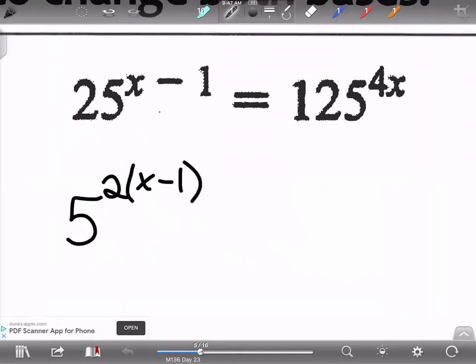So most commonly 25 is written as 5 squared because 5 times 5 is 25. And then remember, like before, the exponent that was there previously must get written in parentheses. So 5 to the second power, and then in parentheses, the x minus 1.